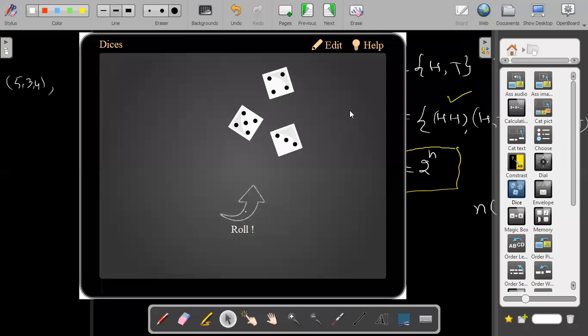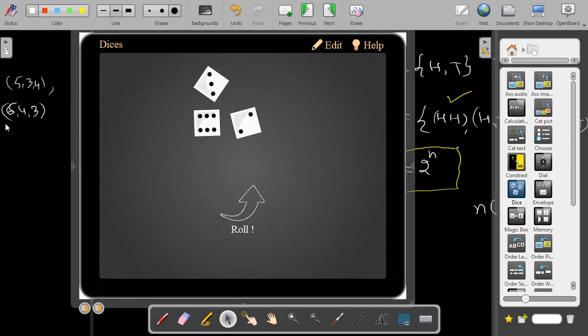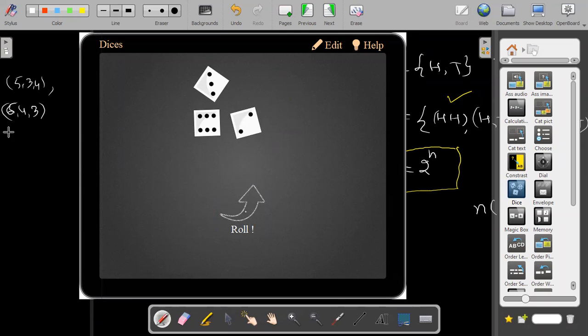Got it. We throw 3 dice. Then we have 5, 3, 4 as one outcome. The second outcome is 6, 6, 4. Then again we can roll and get 3, 6 and 2.